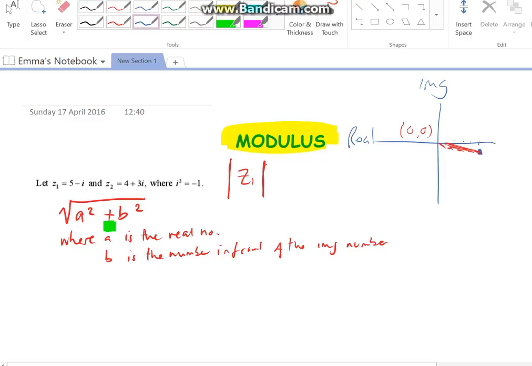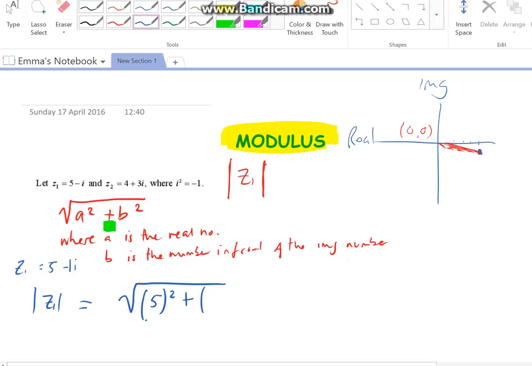So we're going to find the modulus of z1 first. So the modulus of z1 will be the square root of, so we know z1, I'll just write it here so you can see, 5 minus i. We know that minus i, just the same as minus x would be minus 1x, is the same as minus 1i. Okay, so square root of a squared, where a is the real number, so we know 5 is the real number, so we sub in 5 and square it, plus, which goes there regardless, and then b squared, so b is the number in front of the imaginary number, so we have minus 1 in front of the imaginary.